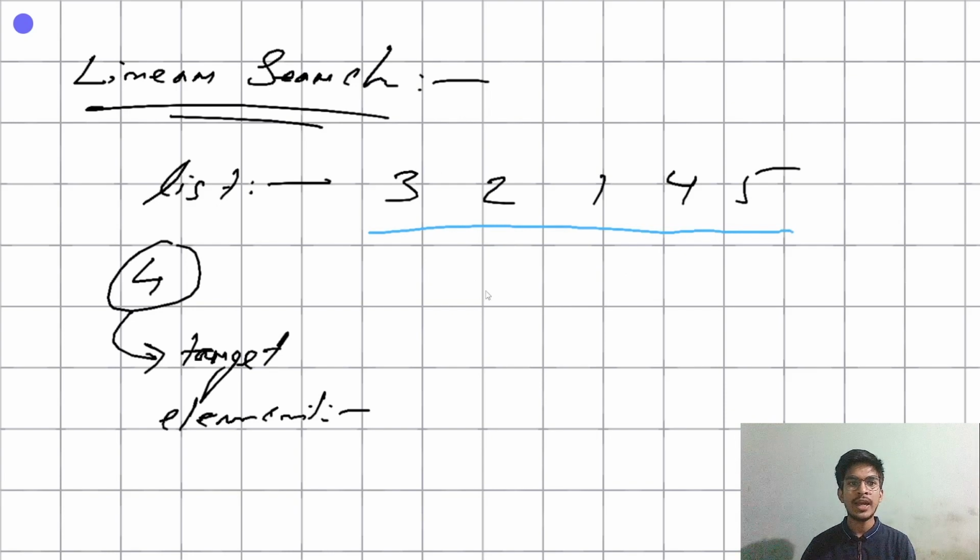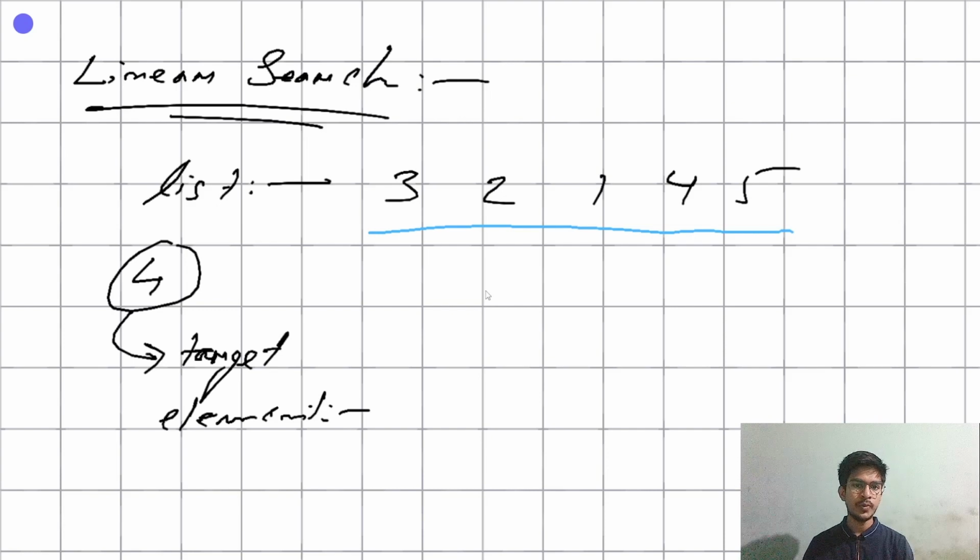So how do we do that? In the case of linear search, it's very simple. We just compare each element in the list with 4. If it is equal, meaning we find 4, then we just return that particular index and we don't have to do anything else. It is that simple.